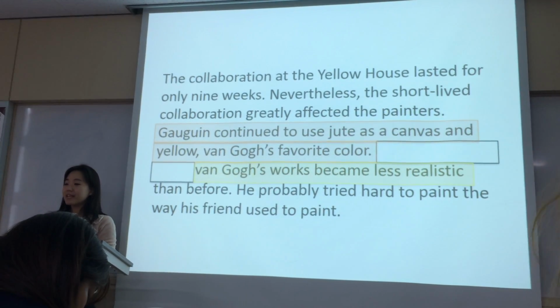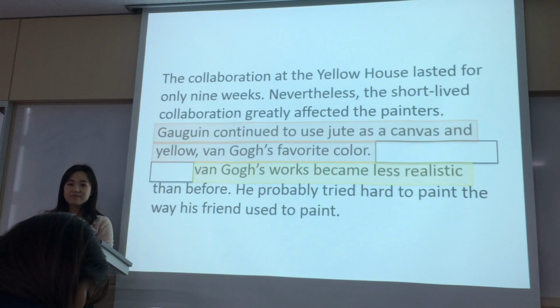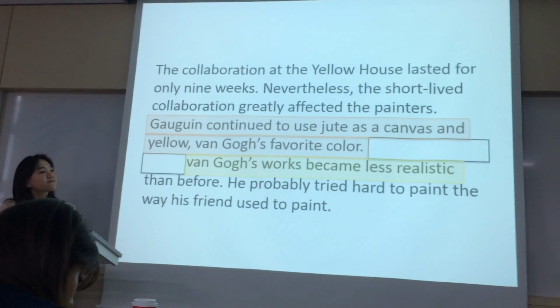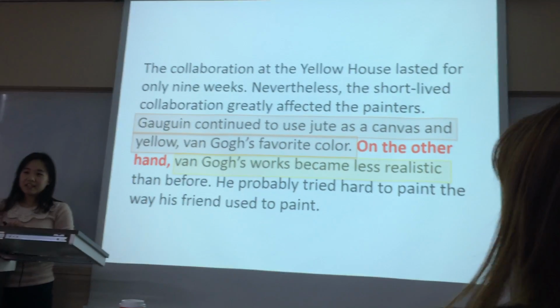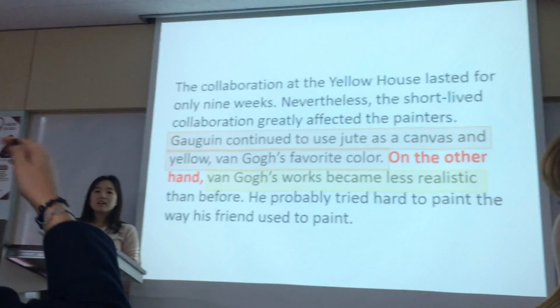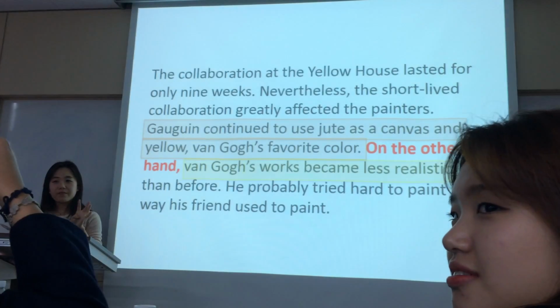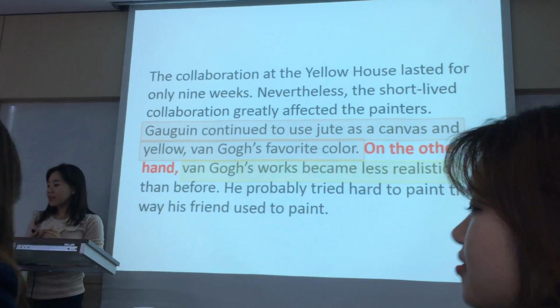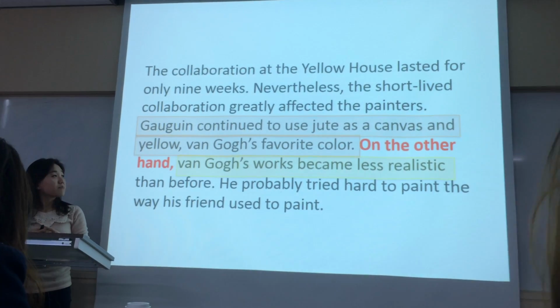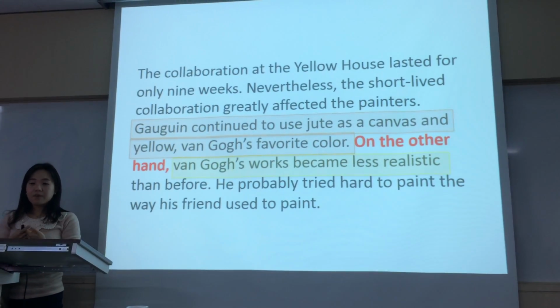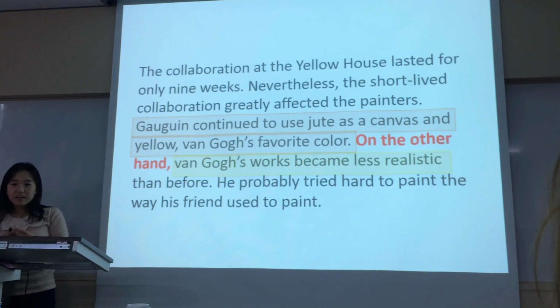Anybody can guess? Nayan? Yes. On the other hand. So these are the purpose of however, in contrast, or on the other hand, are to connect the two different ideas or different opposite thoughts together.